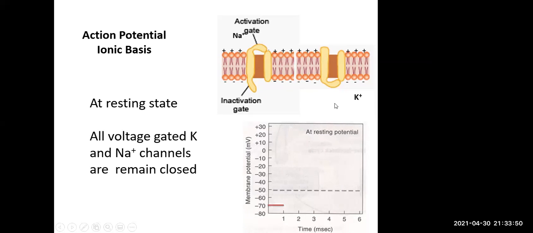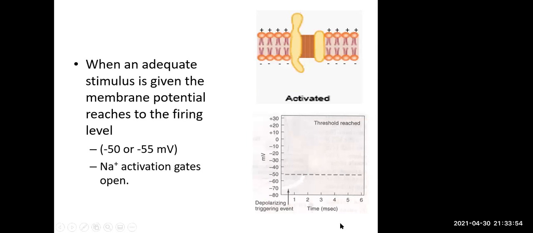Now, when you apply a stimulus, what happens? When an adequate stimulus, that is the threshold stimulus, is applied, it should bring a change of about 15 to 20 millivolt from minus 70.